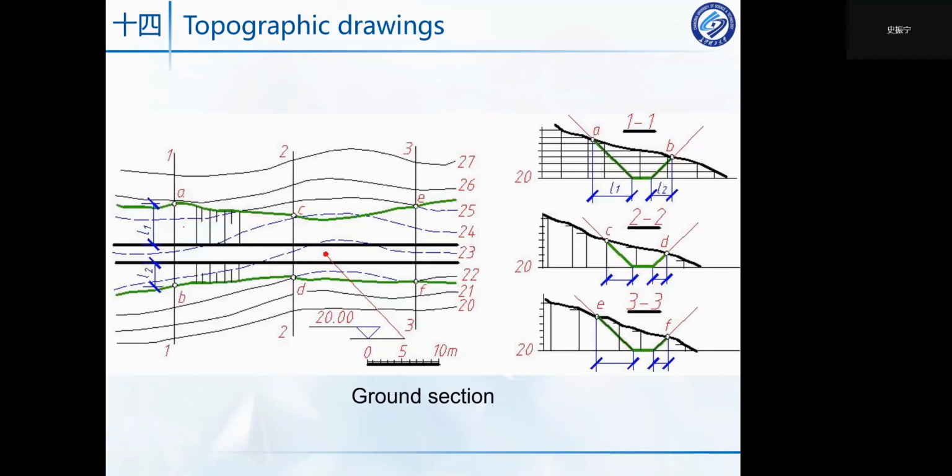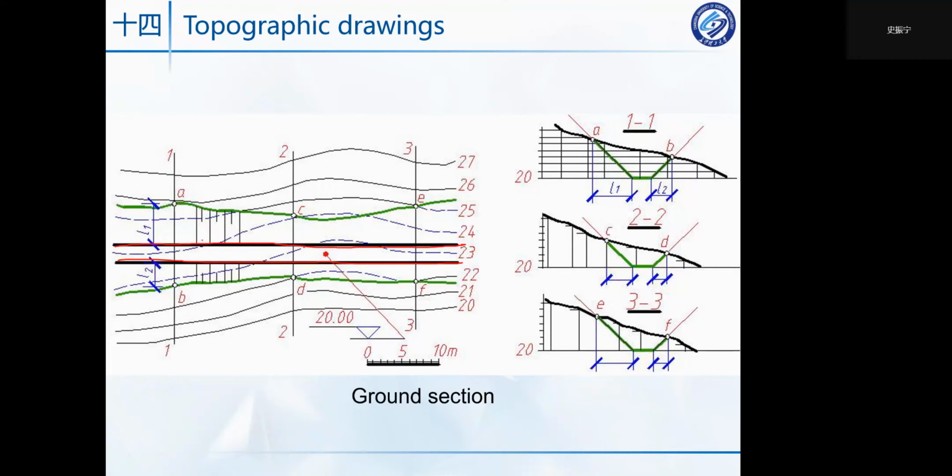As for a road, you can see sometimes we have to fill, and sometimes we have to excavate. This line is a road, in top view.